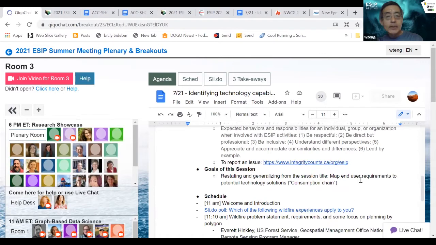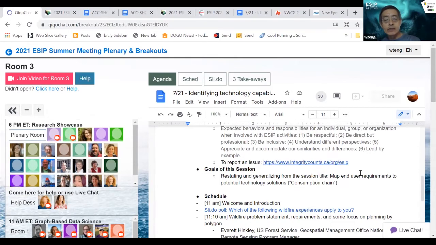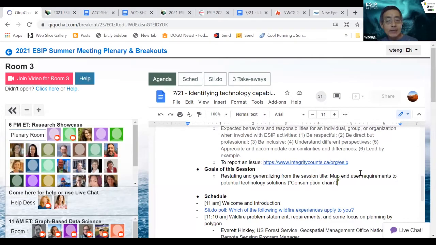The goal of this session, I think, is already pretty succinctly stated in the title. I'm just going to restate it here and generalize it from the session title to mapping end user requirements to potential technology solutions.